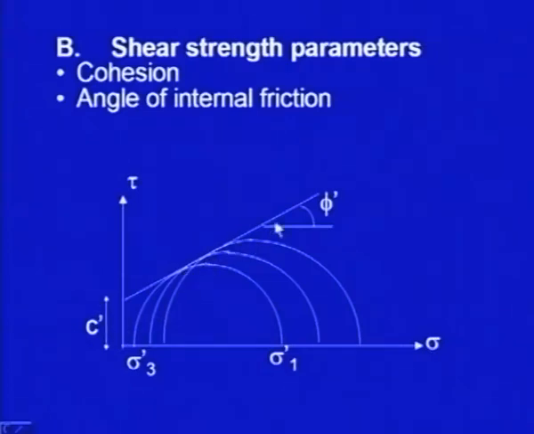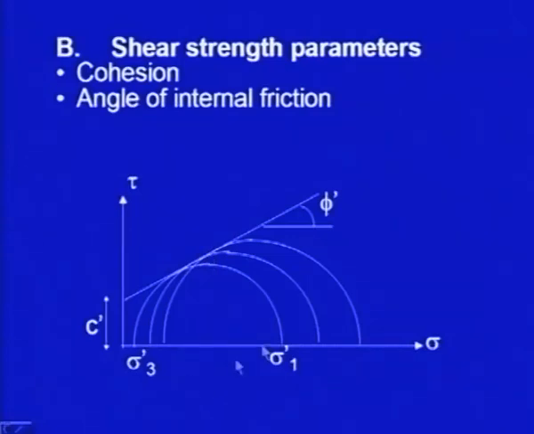The significance of this failure envelope is that it tells you about the stability. If there is a stress state represented by a point below this envelope, it means the point is stable. If there is a stress state represented by a point on this failure envelope, it is in the limiting state: shear strength is exactly equal to shear stress.